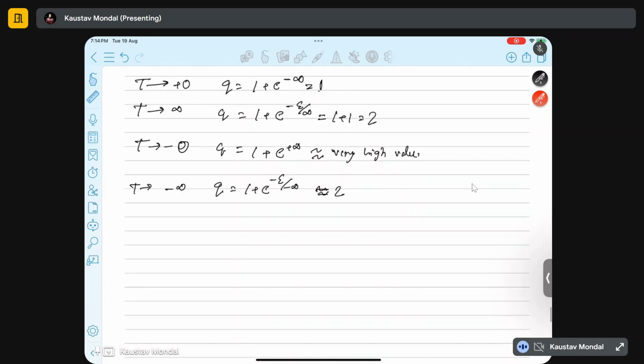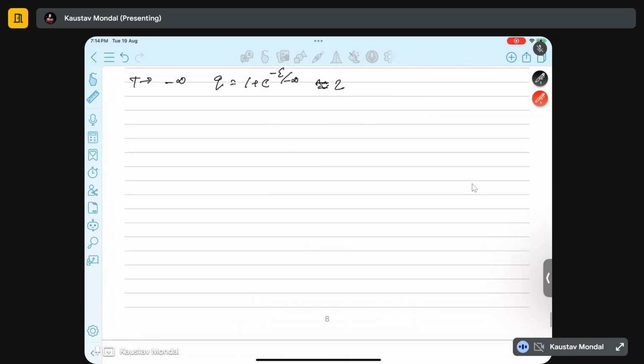If you draw the diagram, it will look like this. Let's suppose this is T equal to 0.